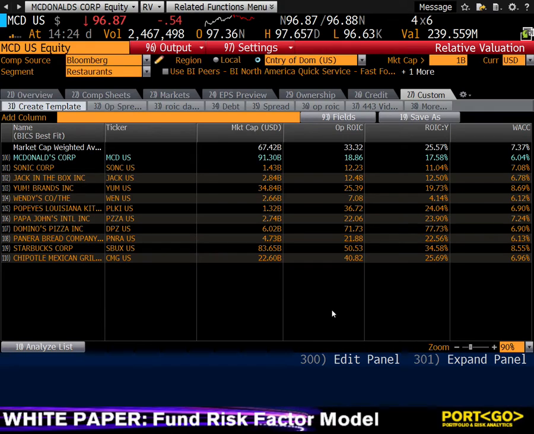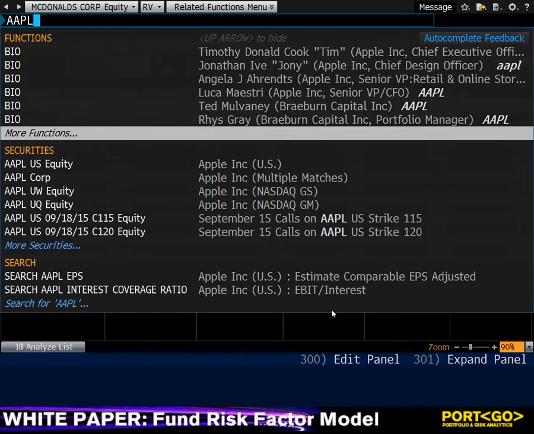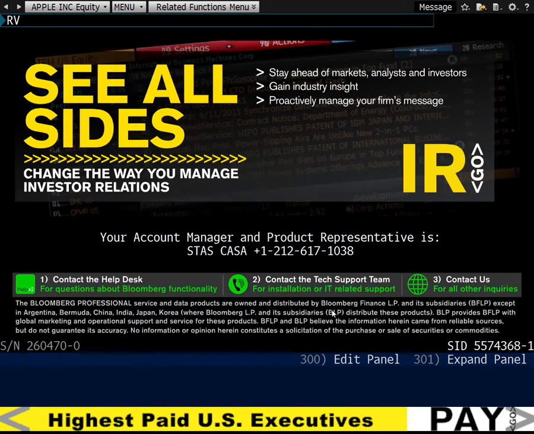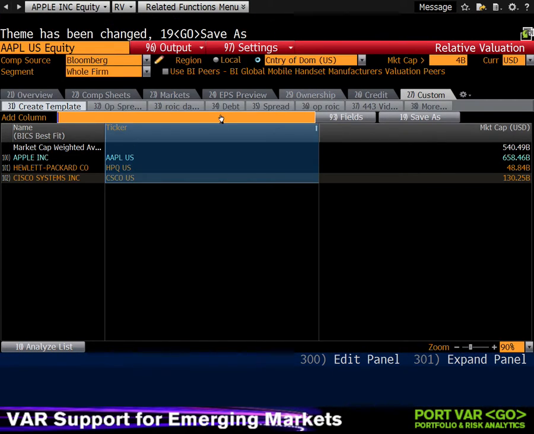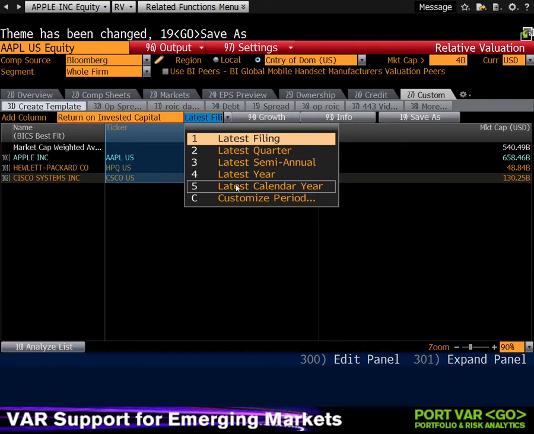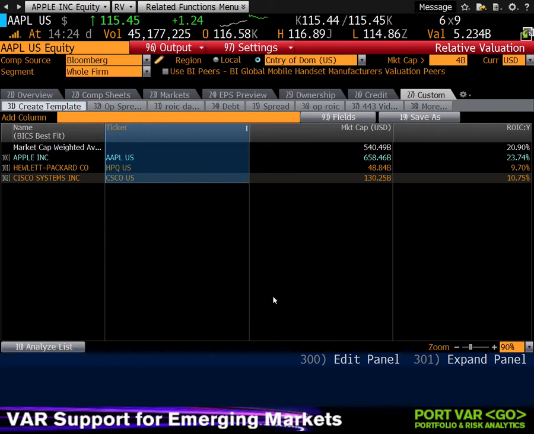The return on invested capital for Apple using Bloomberg last year, 2014, is 24%.